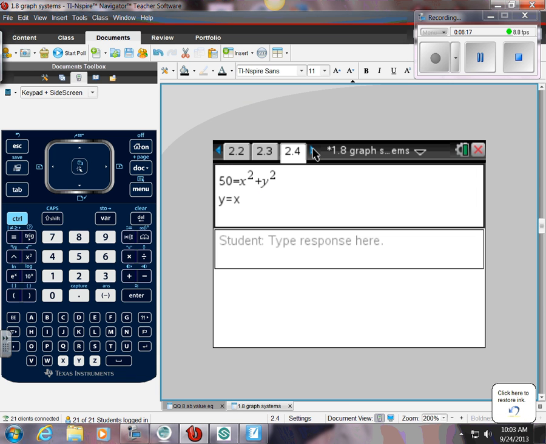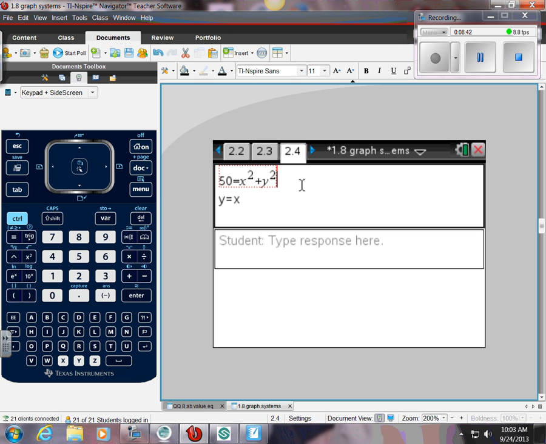I've got 50 equals x squared plus y squared, and y equals x. Who could tell me what type of relation this is, or what type of equation? What does that represent? Nope, it's not a quadratic. Think geometry, guys. You learned this in geometry. What is that?